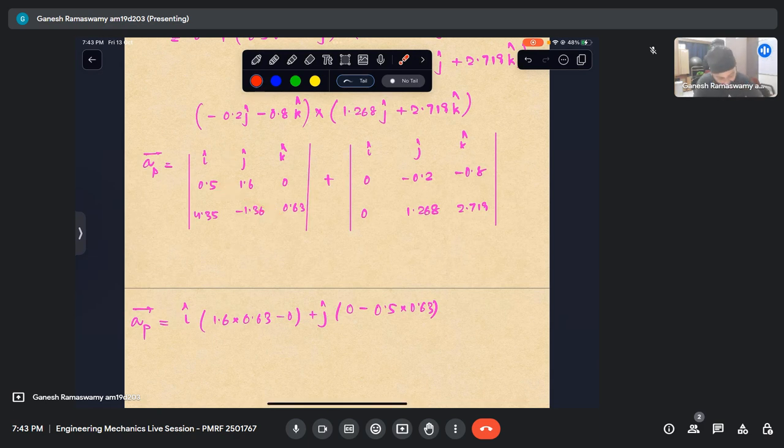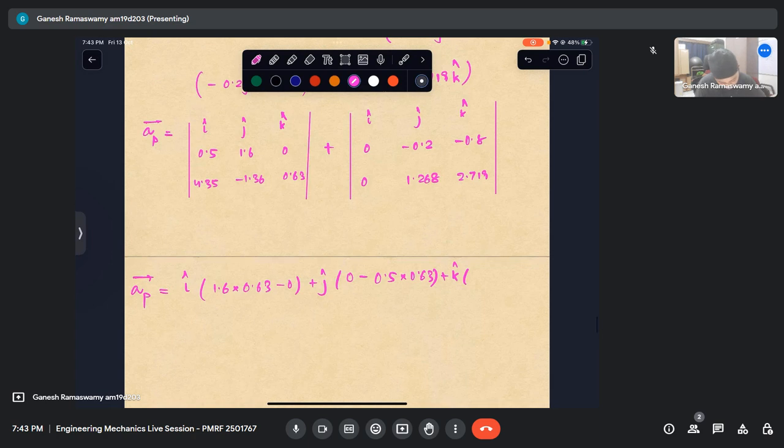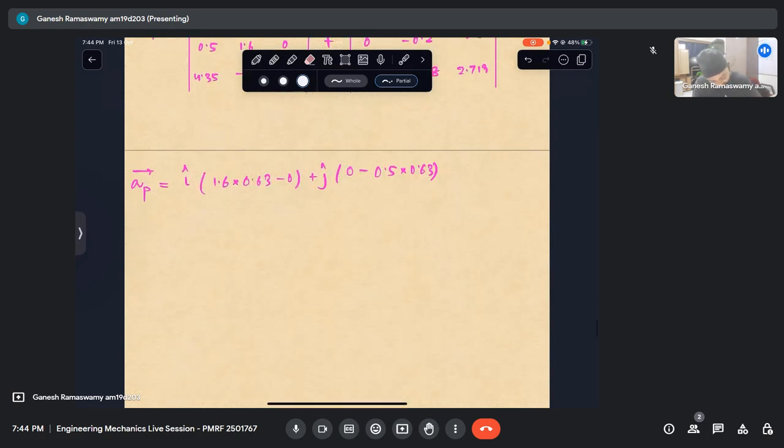Plus k cap into these four quantities I need to take.